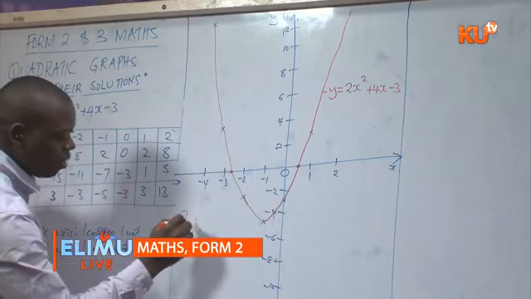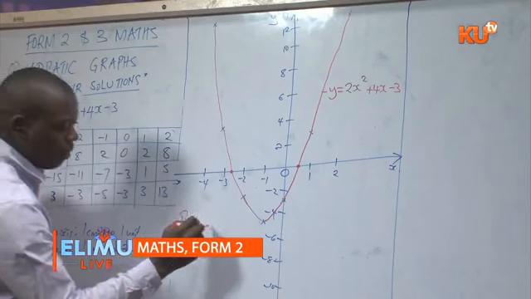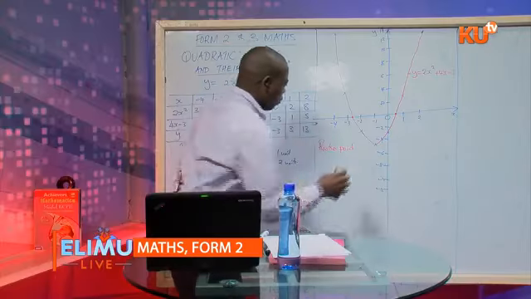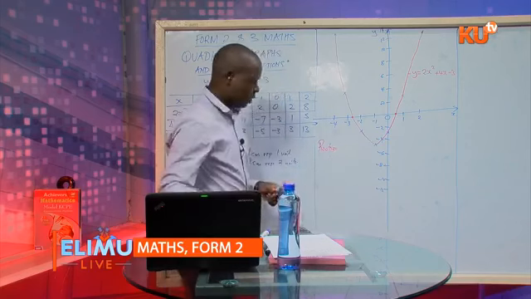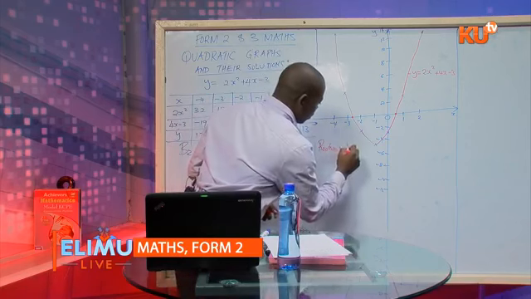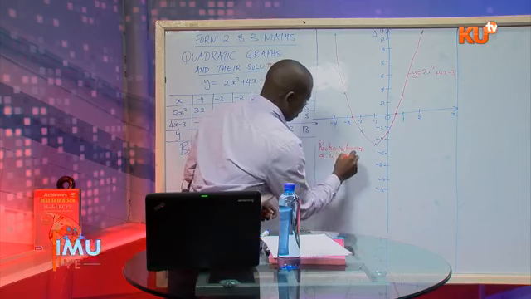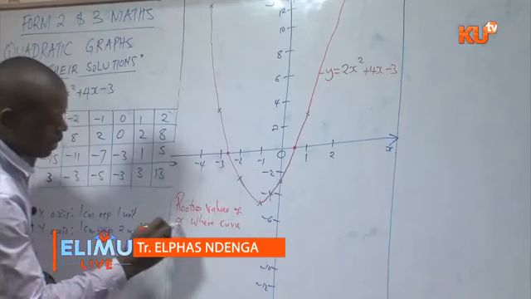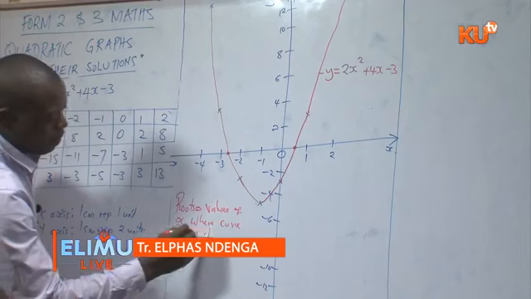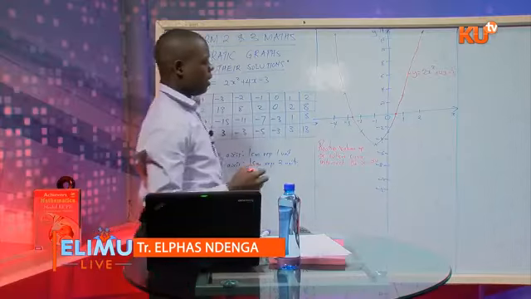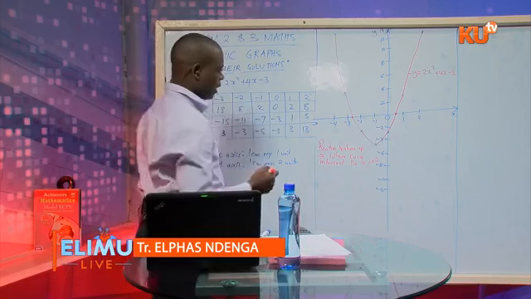So our roots here are simply values of x. That's where the curve intersects the x-axis.